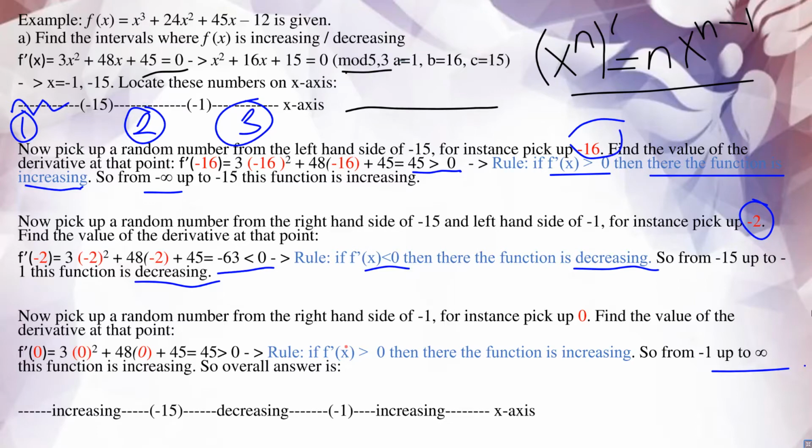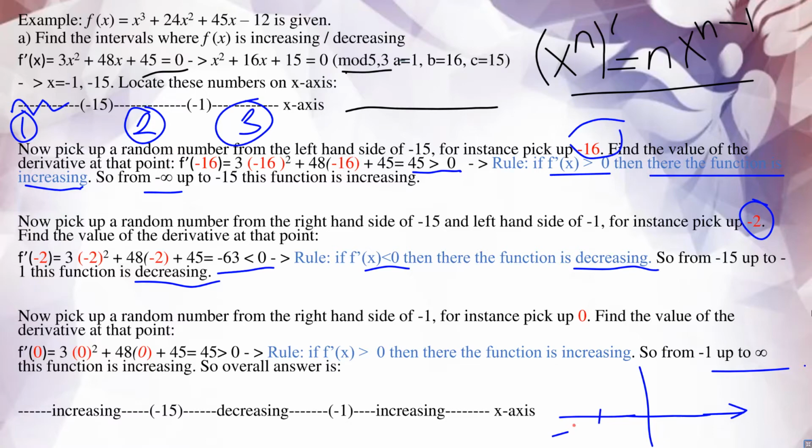So overall, our answer to this question, find where this function is increasing or decreasing: it is increasing till the point minus 15. Then it starts decreasing till the point minus 1. And then it starts increasing again forever. So probably it looks like this. I don't know the graph of this function, but it should look like this.